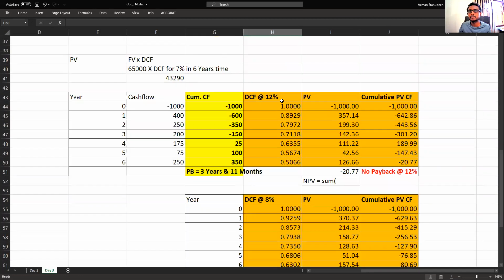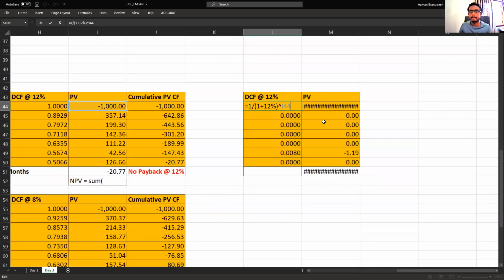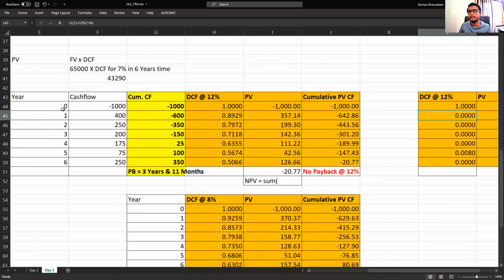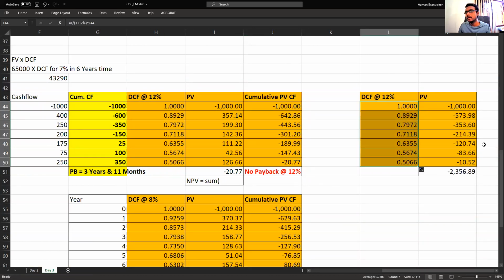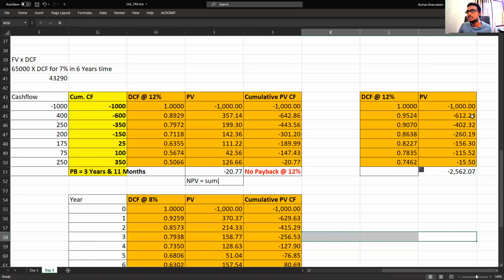So at 5%, so that is at 5%. Okay. So at 5%, it's minus 2.62.